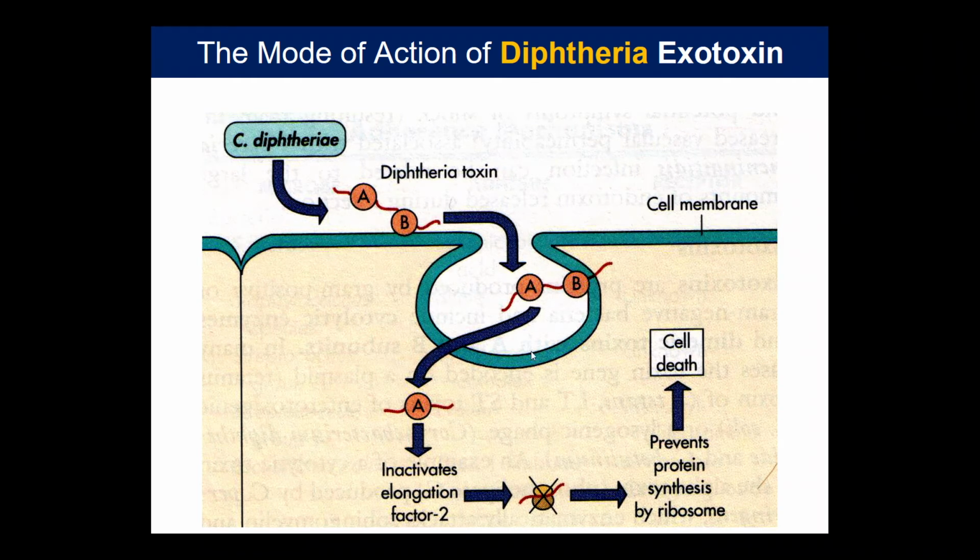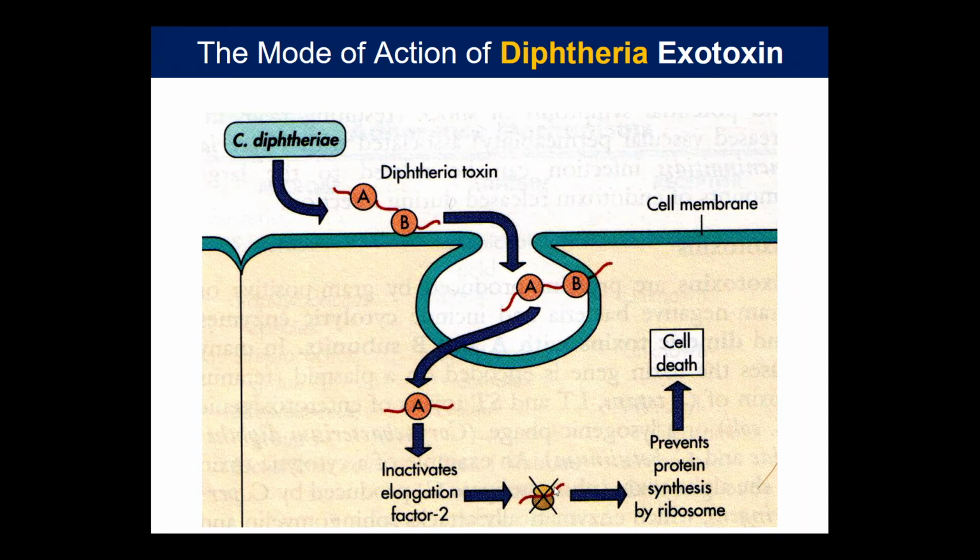The toxin becomes endocytosed. After endocytosis, B subunits remain associated with the endocytotic lipid membrane. The A subunit is detached from B, enters the cytoplasm, and contacts elongation factor 2, a specific protein that controls synthesis of protein in the ribosomes.